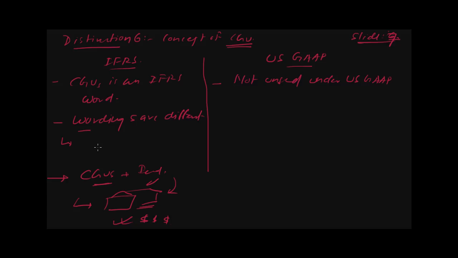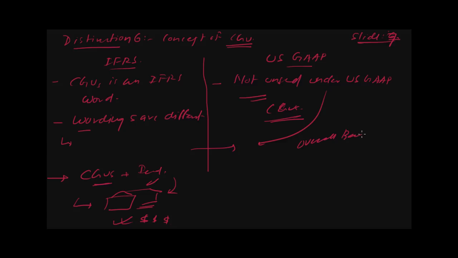The only thing they have mentioned is that, for the purpose of recognition and measurement of an impairment loss, a long-lived asset or asset group should represent the lowest level for which the entity can identify cash flows that are largely independent of cash flows of other assets and liabilities. So they also speak about something on CGUs, but they do not use the term CGU for computing the impairment losses.